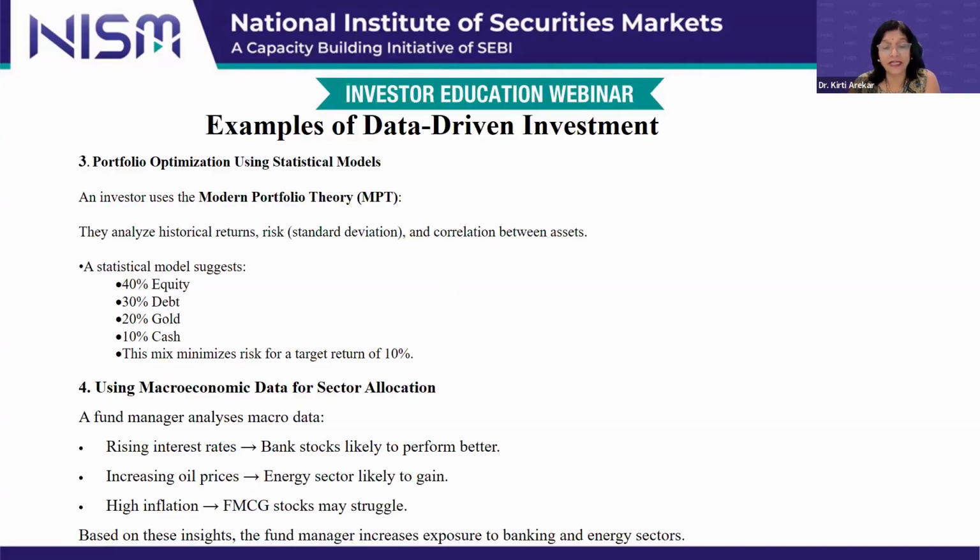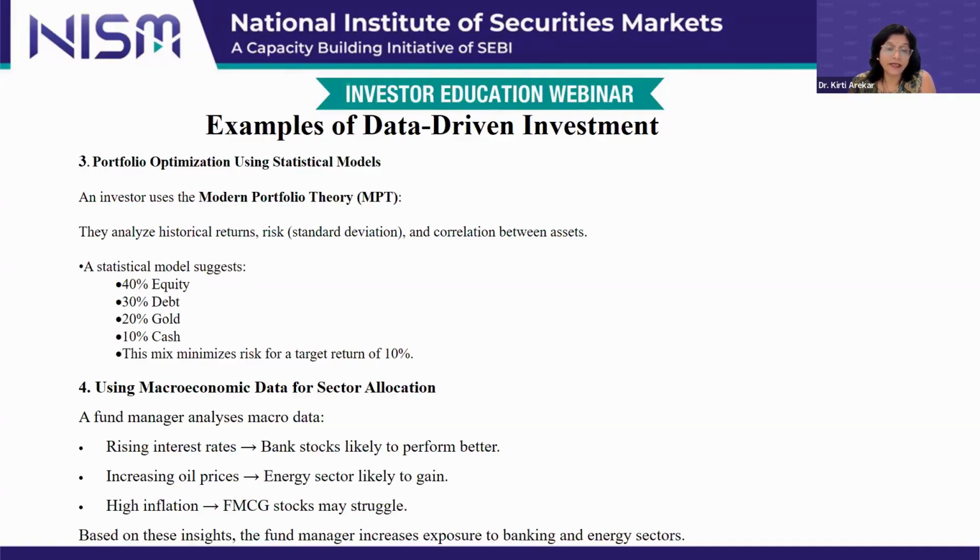But this is an intuition, a link based on macroeconomic data. In real life, we need to find out, or forecast, whether there is any relationship between the interest rate and the bank stocks. If a relationship exists, then this type of interpretation will work. But if there is no relationship between the interest rate and the different stock performance, maybe the opposite scenario will work.